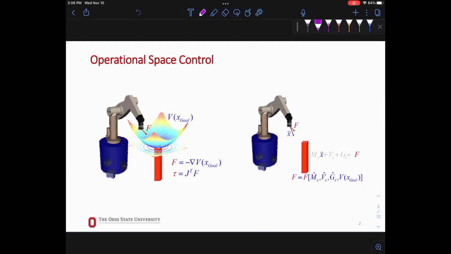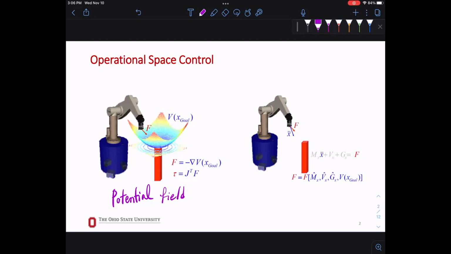You have different ways of developing your control law. You could use a potential field, which we will use. Basically, how does the potential energy of your end effector change as you get closer to the goal you want to be at.